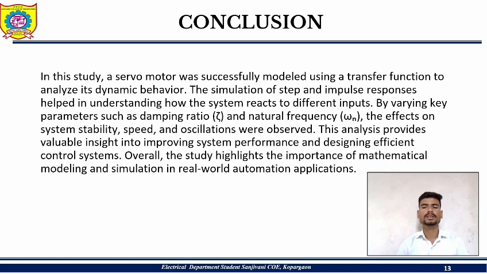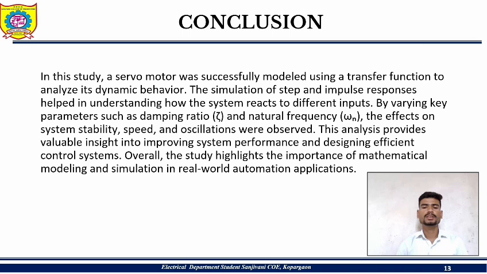Through the study, we clearly understand the importance of key parameters such as the damping ratio, natural frequency, and gain. The damping ratio affects stability: low damping causes oscillation, while high damping makes the system response smoother. Gain controls the system's strength and output.